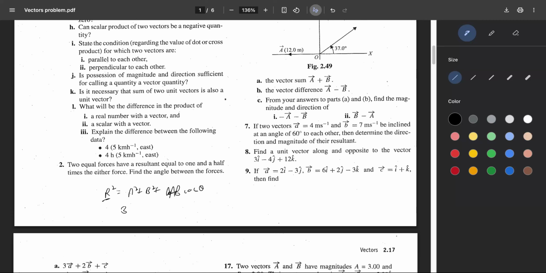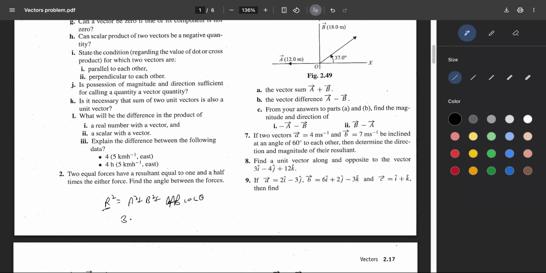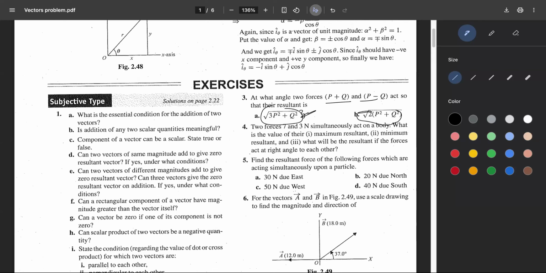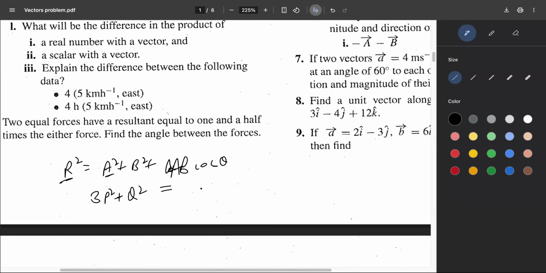That is 3 under root in 3P square, so when you square it, it will become just this. A is given as P plus Q, so when you square it, it becomes P square plus Q square plus 2PQ. B is P minus Q, so this becomes P square plus Q square minus 2PQ.